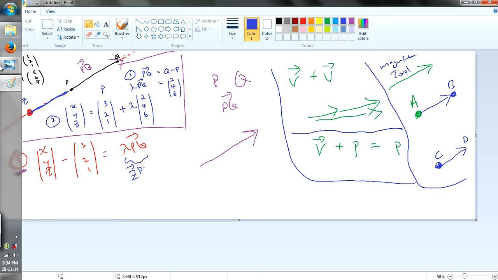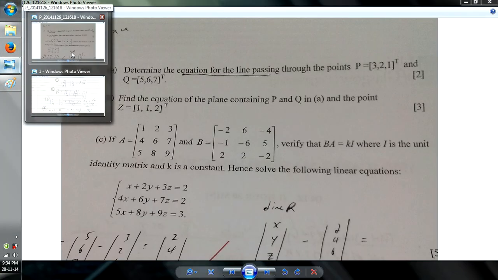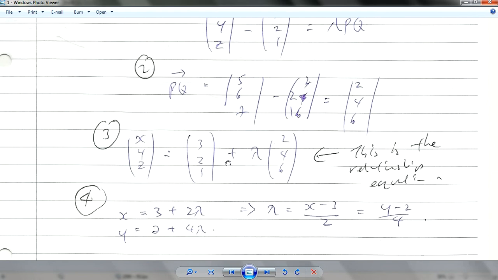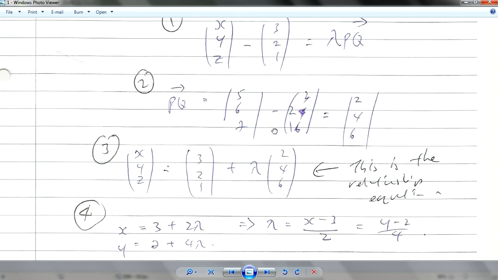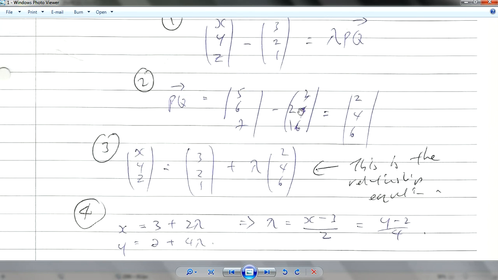So yeah, this already answers the first question. This is the relationship: xyz minus 3 to 1 gives you lambda PQ. You find your PQ, sub it in over here, and then just rearrange this formula. Lambda times 2, 4, 6 is lambda PQ.